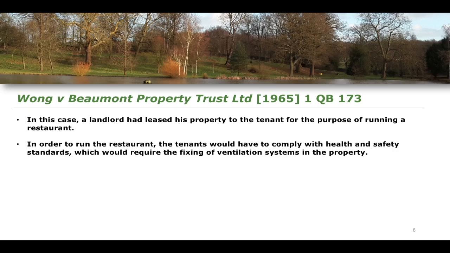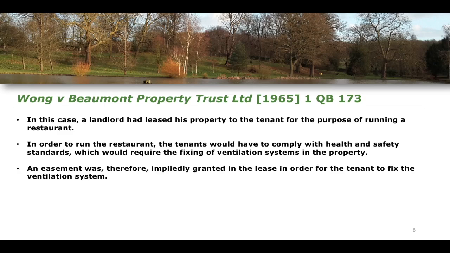In order to run the restaurant, the tenants would have to comply with a myriad of different health and safety standards, of course, one of which would require the fixing of the various different ventilation systems on the property to ensure that they were up to the standard of health and safety at the time. Now, an easement was therefore impliedly granted in the lease in order for the tenant to fix the ventilation system.